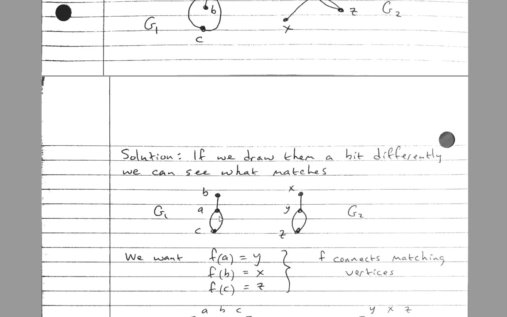Now we want to show that f preserves the connections. Two vertices are adjacent in G1 if and only if f sends them to two adjacent vertices in G2.